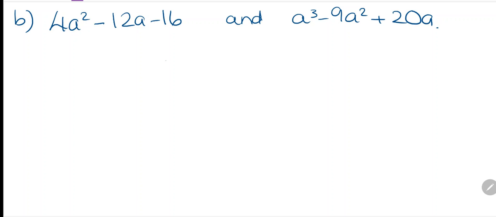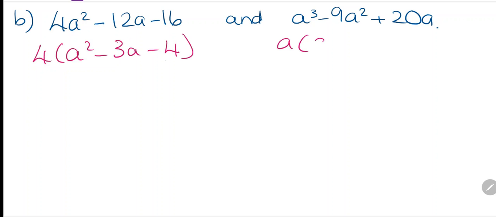Looking at the first one, we're going to factor by 4, so we'll have a squared minus 3a minus 4. And the second one we can factor by a, so we'll have a squared minus 9a plus 20.